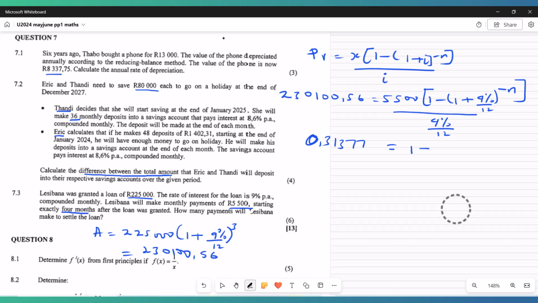1,0075 to the power negative n. So I'm going to bring some brackets, make it positive, then I say 1 minus this.